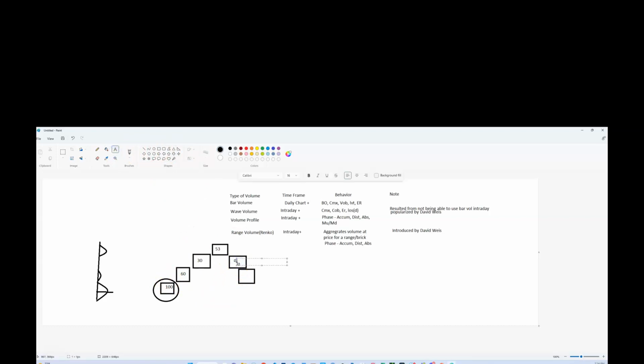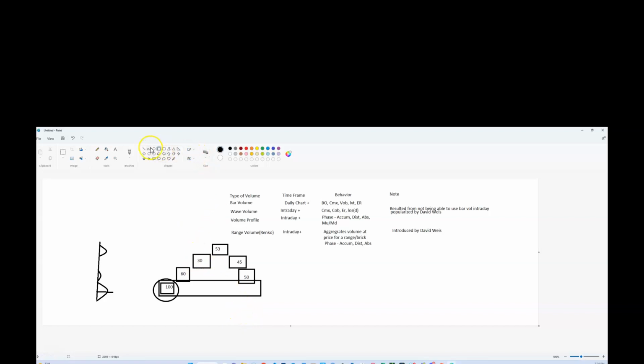And so I don't know what to put here. Let's put 45. And over here, let's put 50. Okay? Alright, now it's pulling back to the accumulation. We're going to box this area. It's going right into that quote-unquote zone.